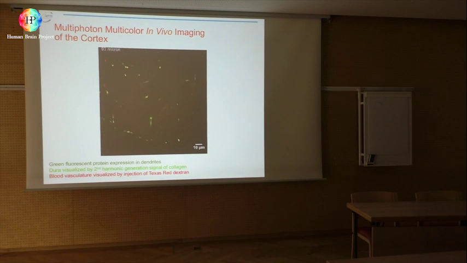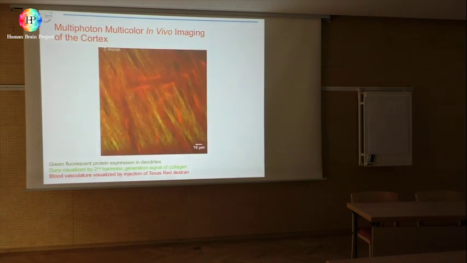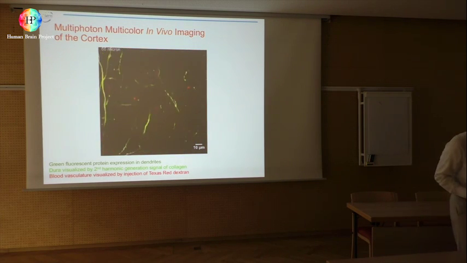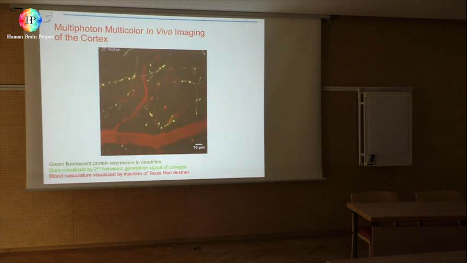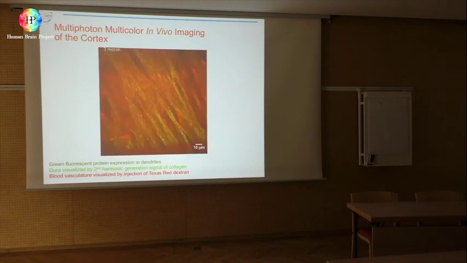Then you can use some Texas red dextran to label the blood vasculature. You see here the blood vasculature, okay? And at the very beginning, you see with second harmonic the dura madre, because dura madre is containing collagen, and collagen is producing second harmonic generation signal.